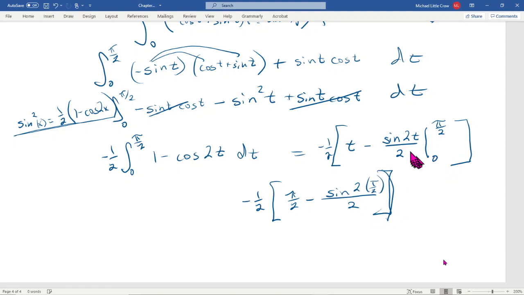And again, the 0 part you would subtract off, but we would be subtracting 0. So the 2's cancel. Sine of pi actually is 0, so we just got pi over 2 times negative 1/2, which is negative pi over 4. And that is our final answer for that one.